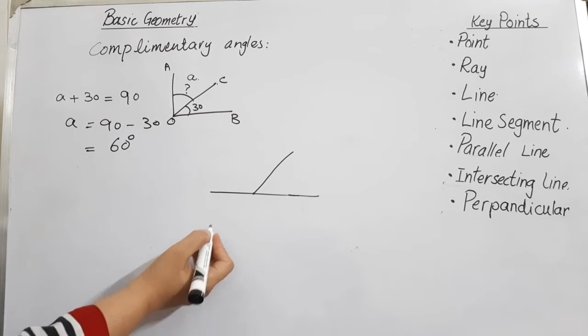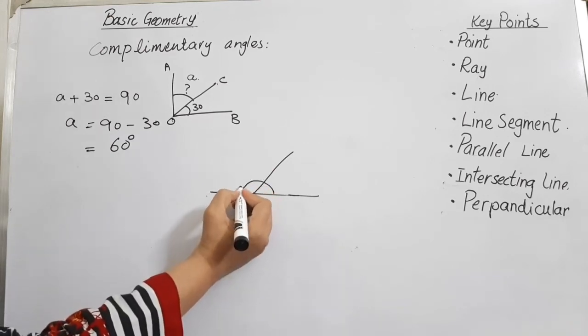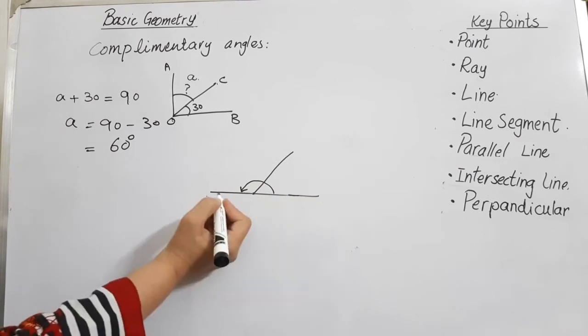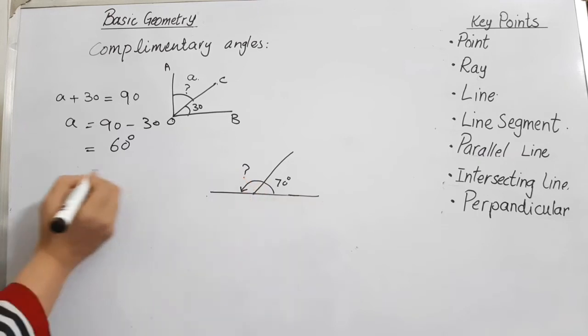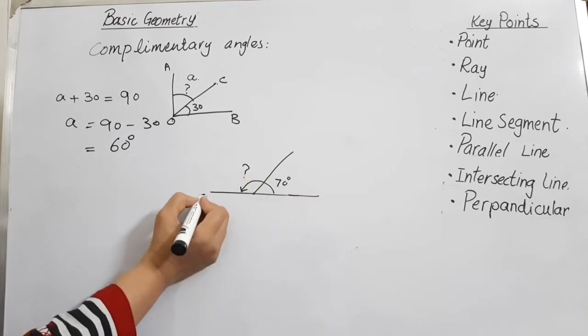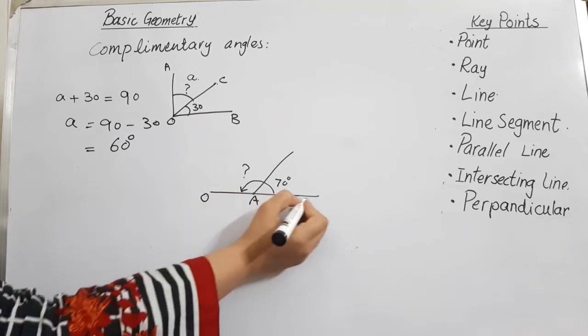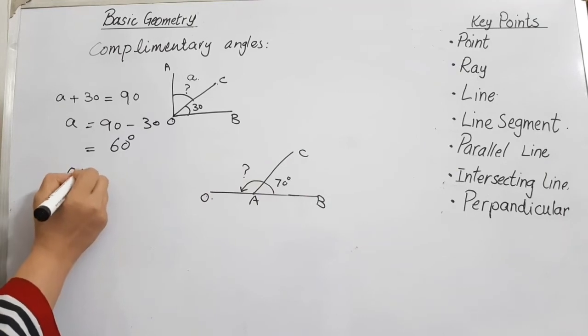The angles which share the same arm are called adjacent angles, and in these angles their total will always be 180. So if this angle is 70, what is this? So we name it O, A, B and C. What is OAC?